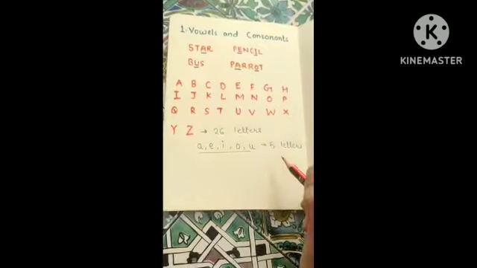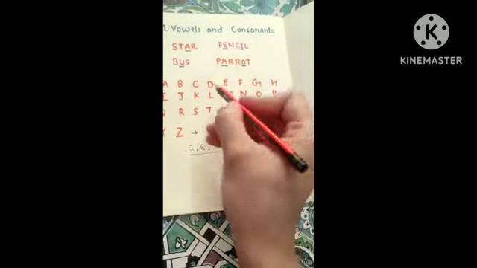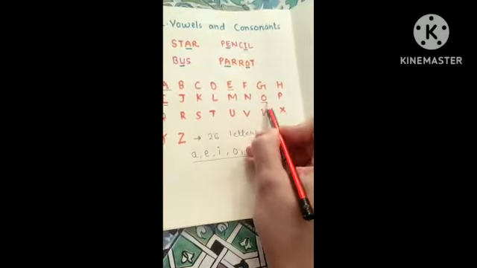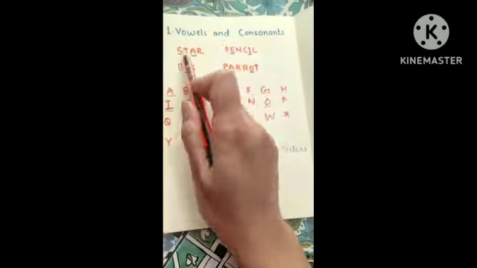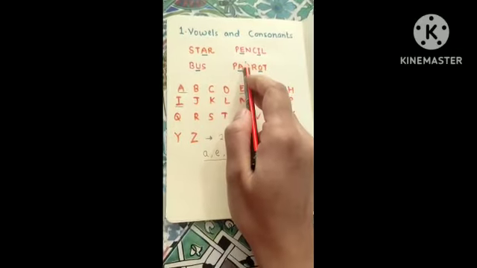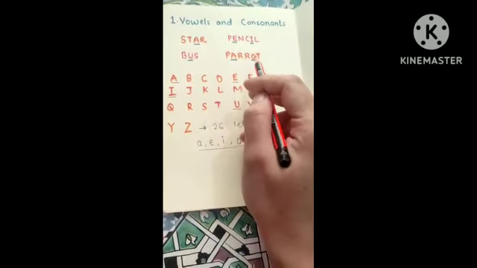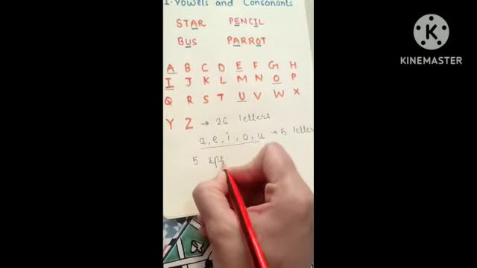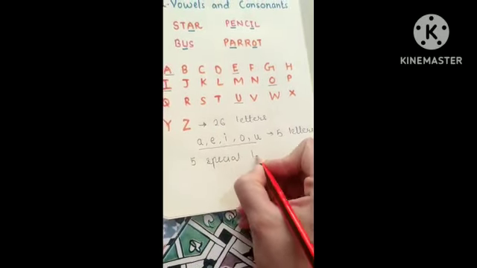Why do you think it is so? The letters A, E, I, O and U are underlined in these words because these are 5 special letters in the English alphabet.